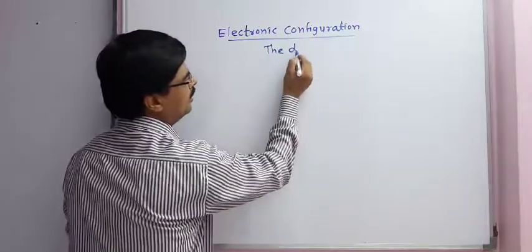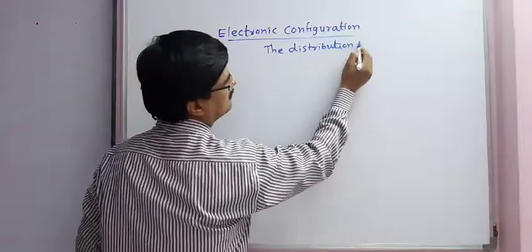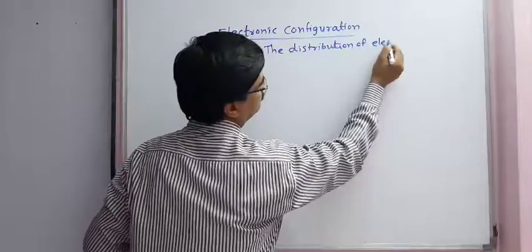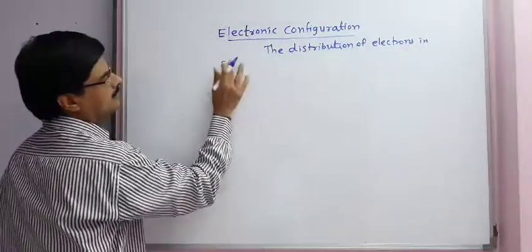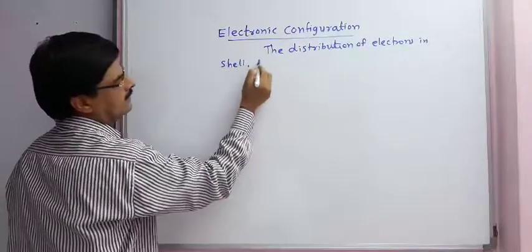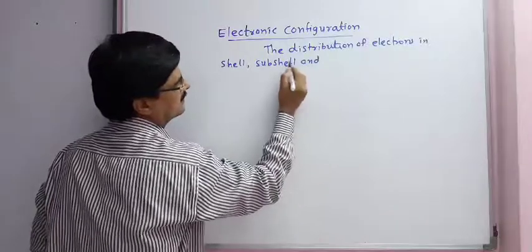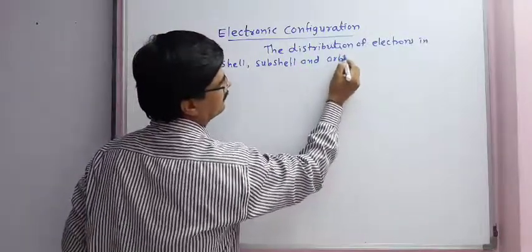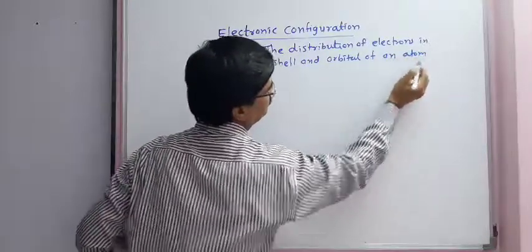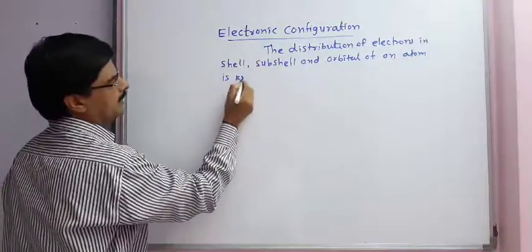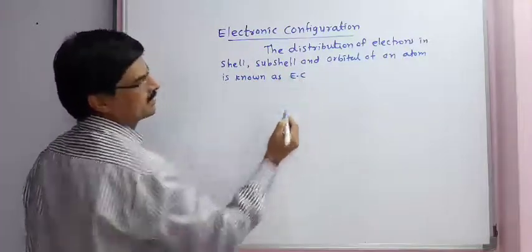The distribution of electrons in cell, subcell, and orbital of an atom is known as electronic configuration.